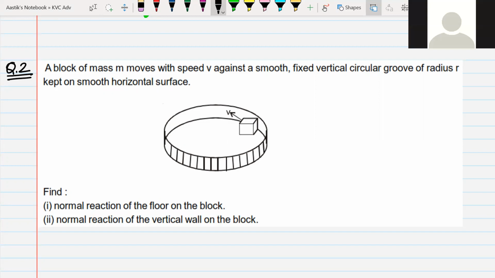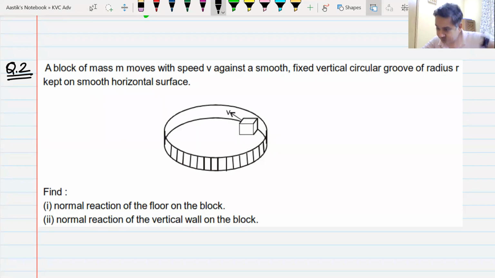Sir, it's done, sir. What is the answer that you are getting? Sir, normal reaction due to the floor is mg. That is the equation in which direction? Perpendicular direction. So normal reaction from the floor is equal to mg.